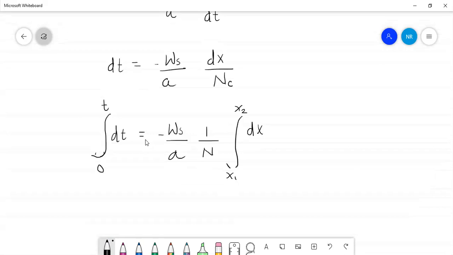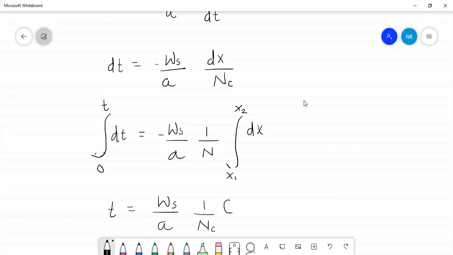So t is equal to Ws divided by A, for constant rate period, NC. And if I do the integration, then X1 minus X2, the moisture content. So this is the time required for the constant rate period.